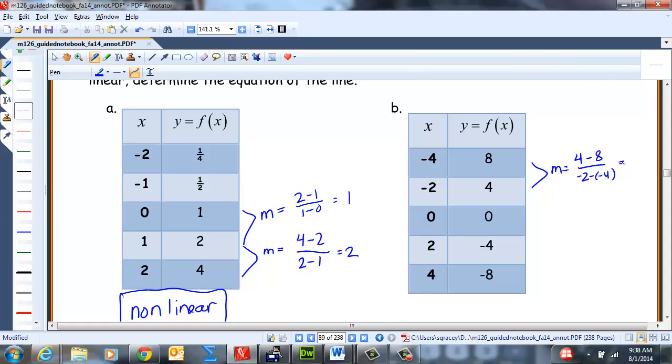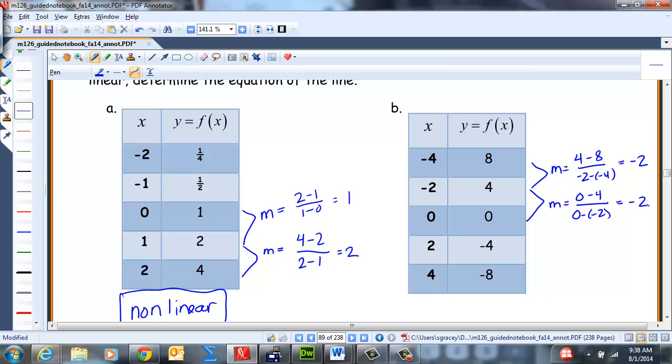Nope, negative 4 over positive 2, which gives us an end result of negative 2. Okay, now we're going to check these points. So our slope would be 0 minus 4 divided by 0 minus negative 2, which would give us negative 4 over positive 2, which is negative 2.